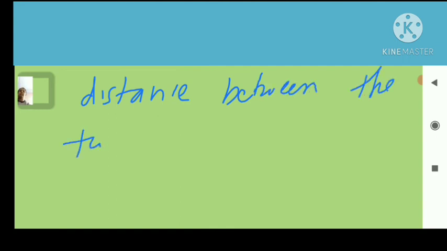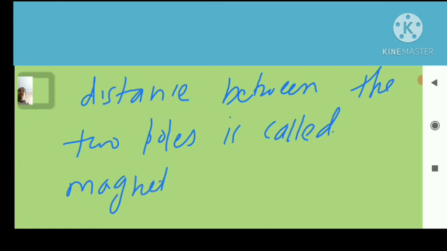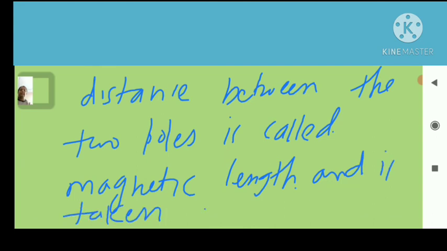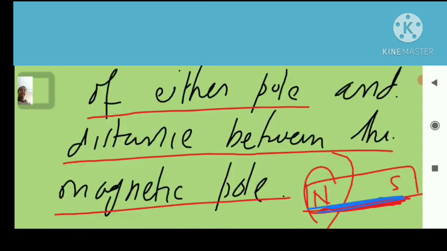So we can also write: the distance between the two poles is called the magnetic length, and is taken as 2L. That length we take here is 2L.